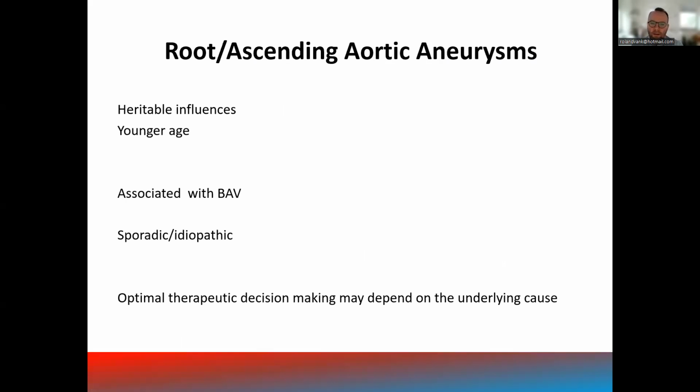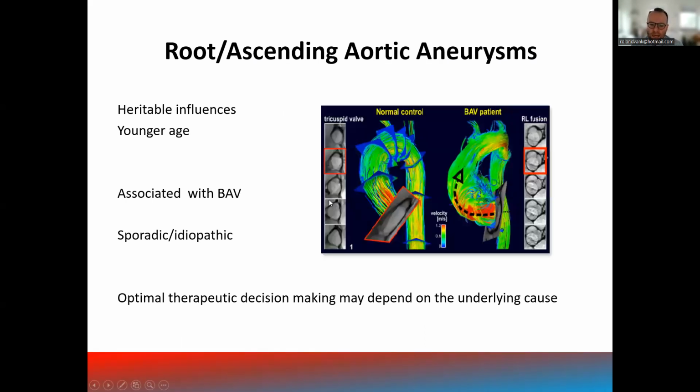If we look at associated factors, then we know that in root and ascending aortic aneurysms, there are heritable influences. They present at a younger age, can be associated with bicuspid aortic valve, because in a bicuspid aortic valve, there is a genetic background, but there can also be hemodynamic factors that play a role, because in a normal tricuspid aortic valve, you see that the blood flow is laminar in the ascending aorta, while in a bicuspid aortic valve, the blood flow is more turbulent, which can increase the development of ascending aneurysms.